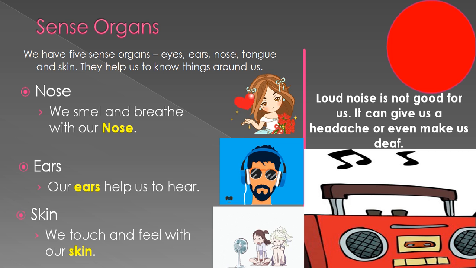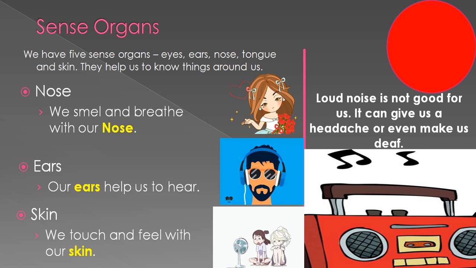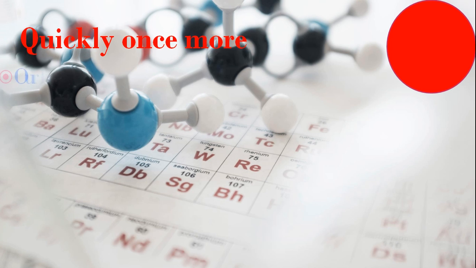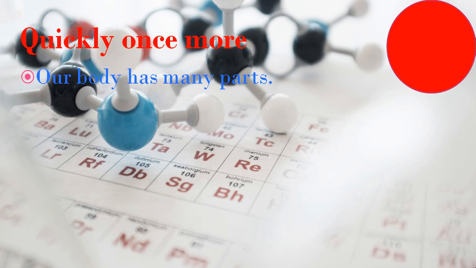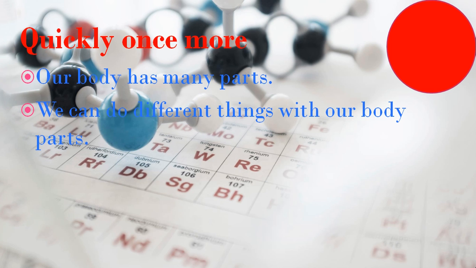Now let's go to the quick review. Today we are going to complete this lesson. Once more, in final: our body has many parts, which we have already studied. We can do different things with our body parts.